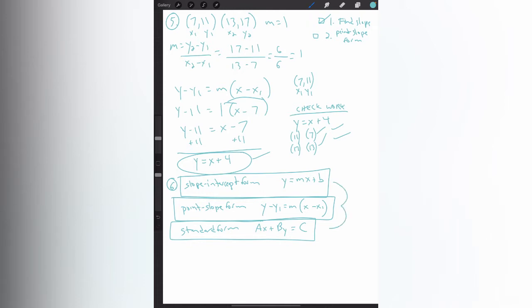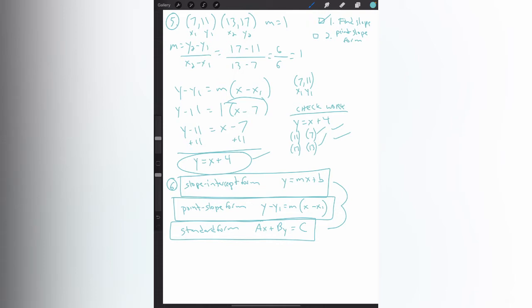You can interchange between the three of these. So you might get an equation in standard form and be asked to put it in slope-intercept form, something you've actually already done. And you might have something in slope-intercept form asked to put it in standard form. And that's actually what we're about to do right now.